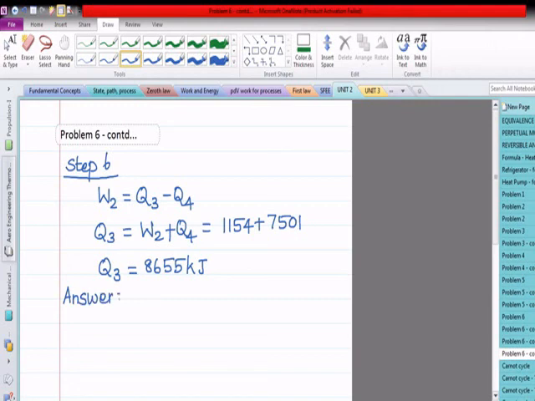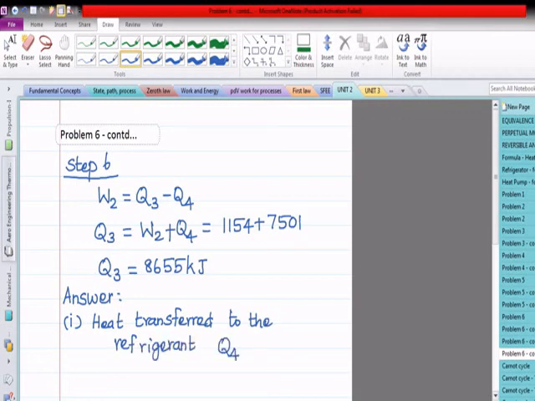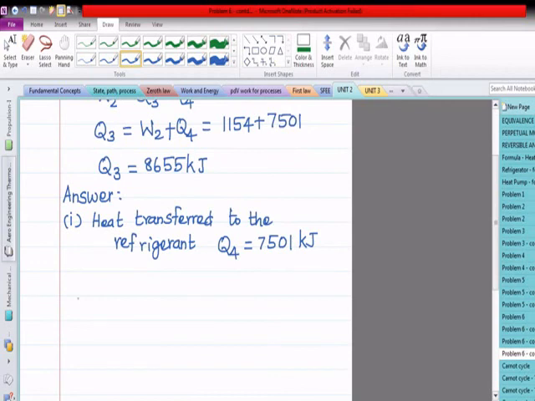The answer for the first question: heat transfer to the refrigerant is equal to Q4. The value of Q4 is 7501 kilojoule.